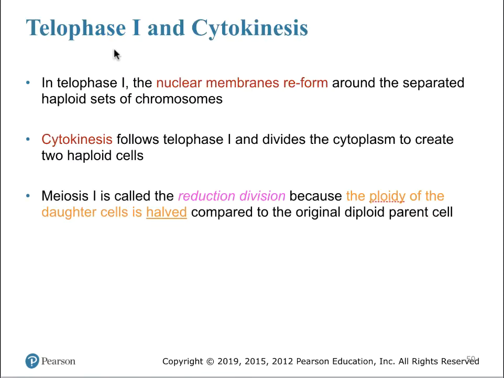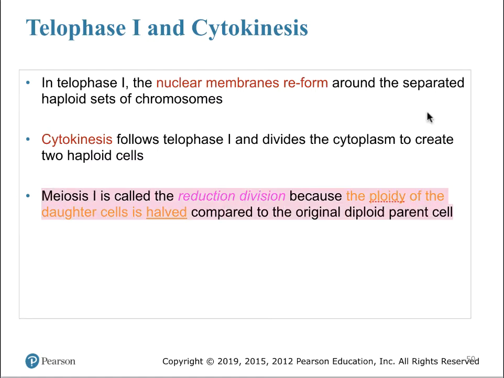The cell then enters telophase I, where the nuclear membranes begin to reform around each of the 2 halves of the cell, and the cell begins to divide into 2 by cytokinesis. If one studies the ploidy of the cell with respect to the chromosome count, we started with 2n before meiosis I. At the end of meiosis I, each daughter cell will have only n number of chromosomes.